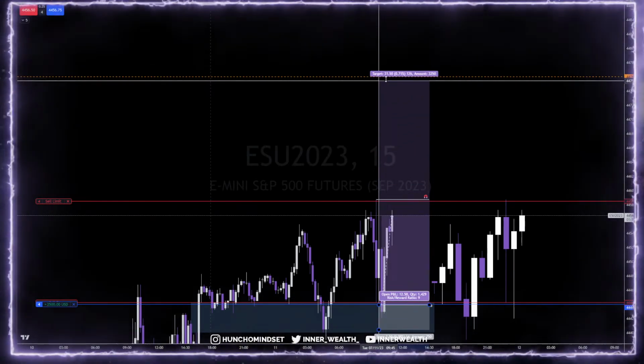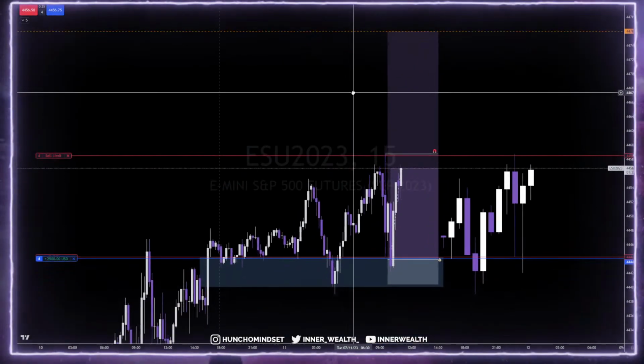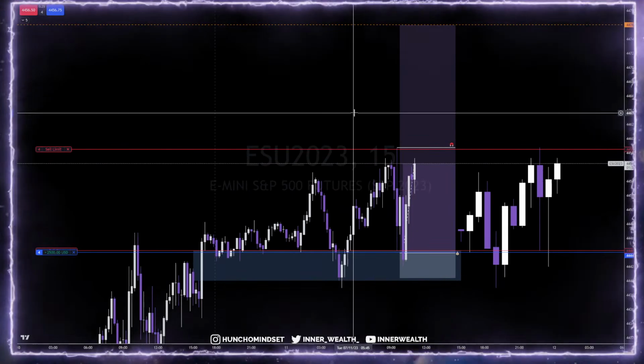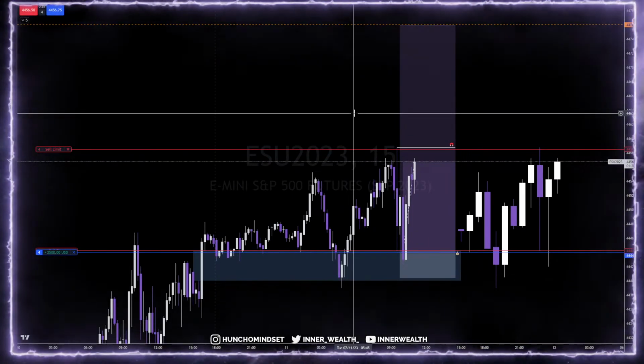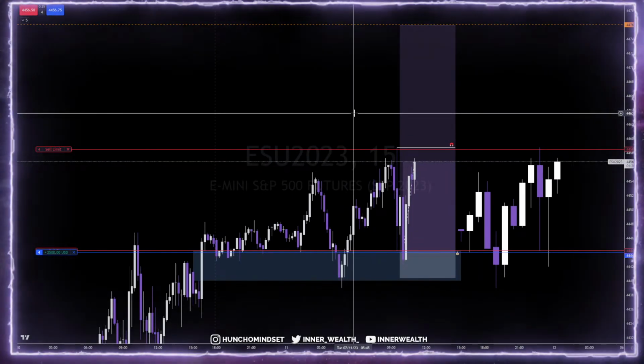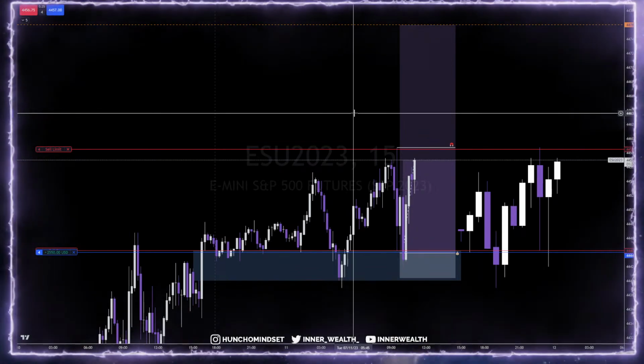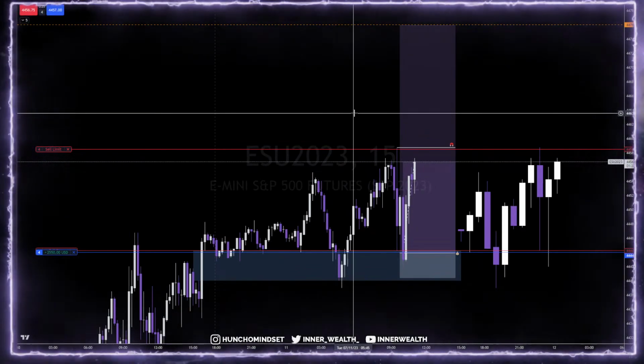By the time they get to that 1 to 4, the trade is riding like a quarter of its original volume. So you're only getting a quarter of the profits, if that.